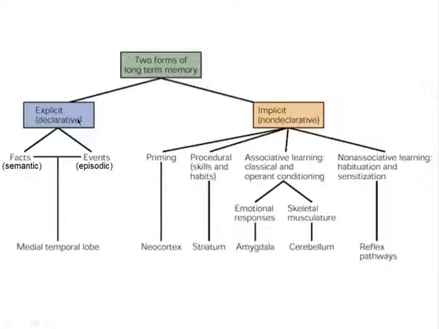In explicit memory, you can remember and explain. That is declarative, you can declare, maybe a fact, maybe an event. And for that the medial temporal lobe is associated.